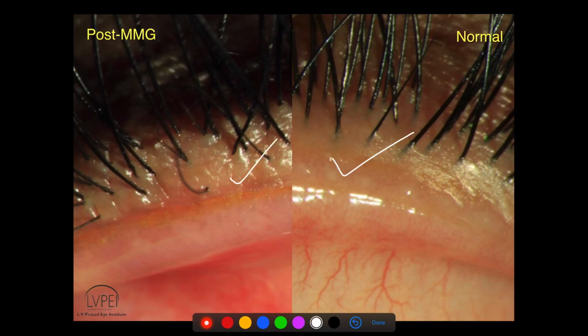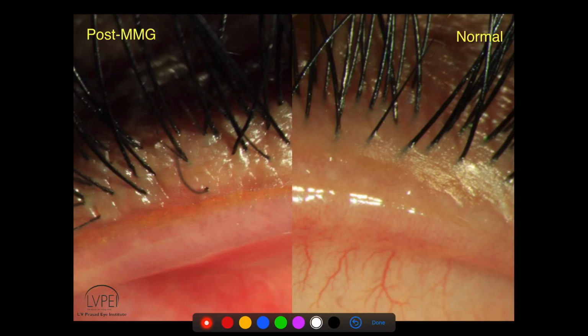And there are a lot of technical tips and pearls that you need to learn to do the surgery well, so that your outcomes are both functional and cosmetic, and we will reserve those tips and pearls for a subsequent talk on lid margin mucous membrane grafting per se.